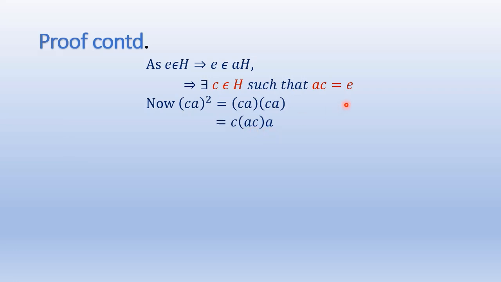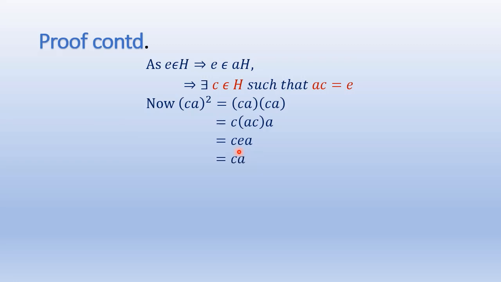So now you replace this ac by e. So you'll have c into ea. When the identity element is operated on any element, there won't be any change. So c into e is equal to c only. So this will be ca.